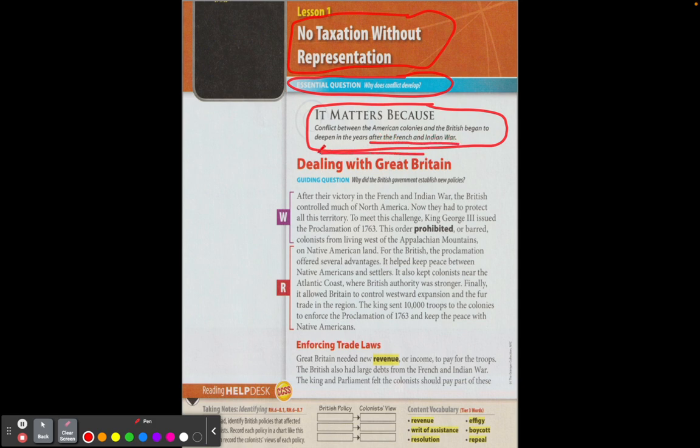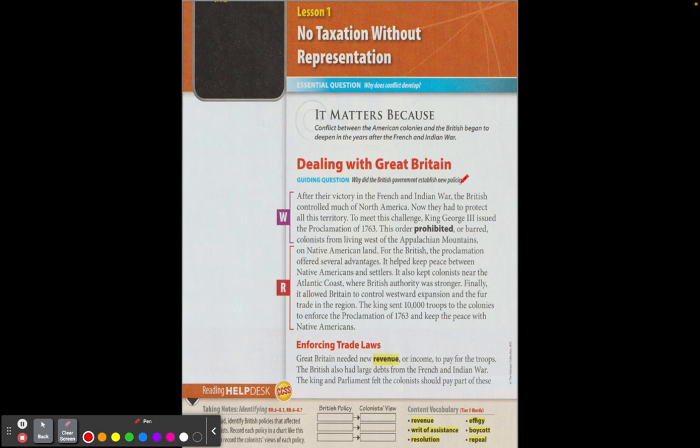Our first section we're dealing with here is dealing with Great Britain. And then the guiding question for this section is, why did the British government establish new policies? And so that's important to get those things down.